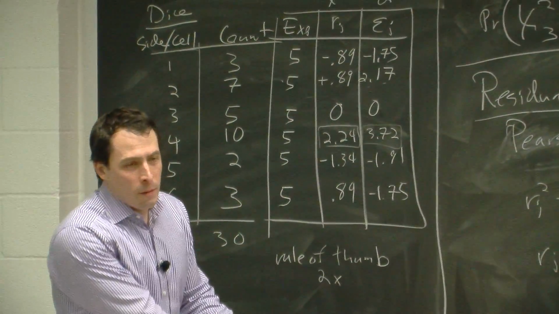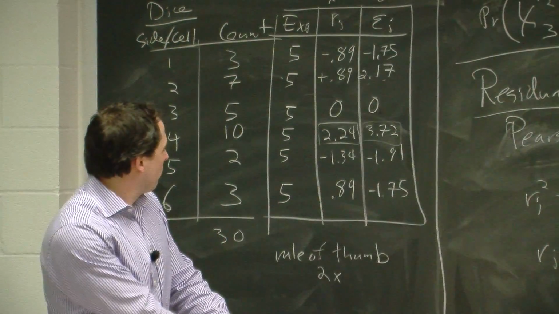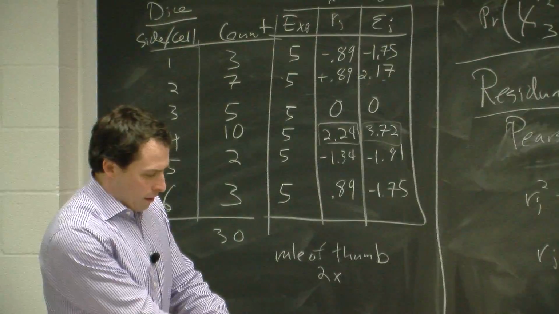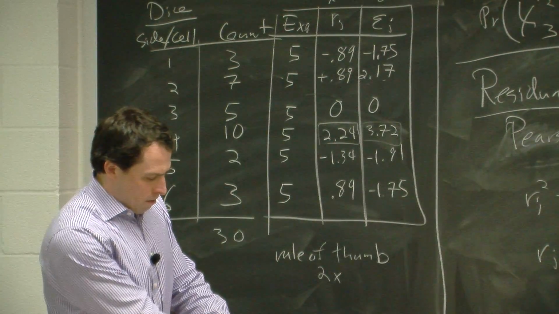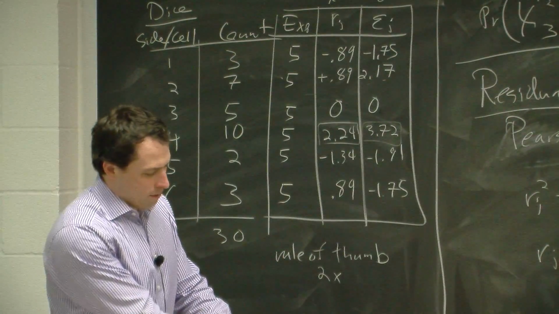So are you comparing the 3.72 to 2? Which number are you comparing? I think I want to compare it to 2. And how did you get 2? Or is that the rule for all?